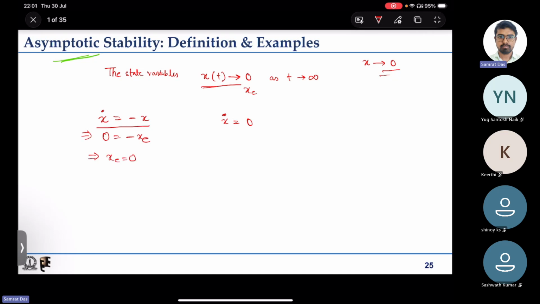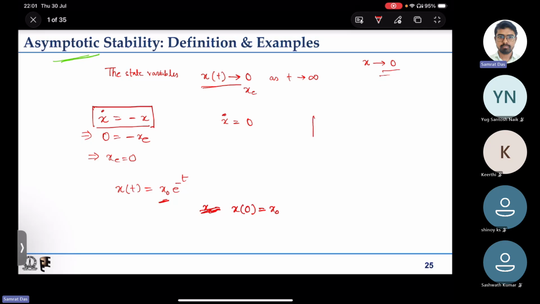Now if we solve this differential equation, I am not solving it explicitly here, but the solution will be: x of t is equal to x0 e to the power minus t, where x of 0 is equal to x0. This is the initial condition of the state variable.